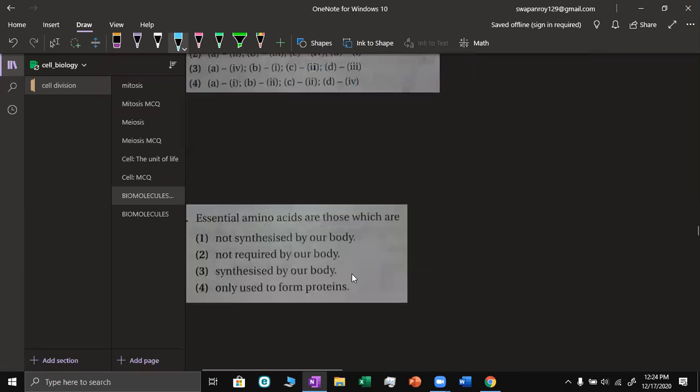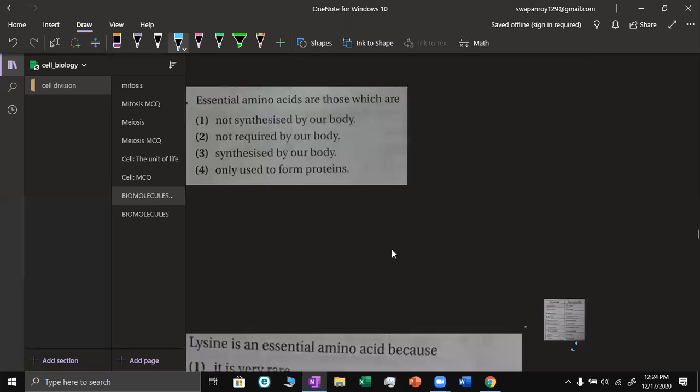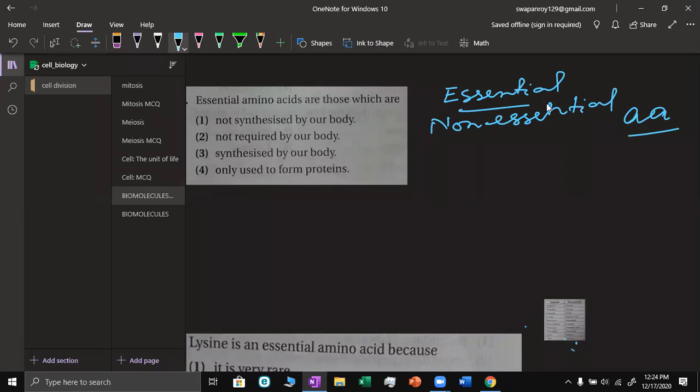Next, essential amino acid. One term we should know about is essential and non-essential amino acid.